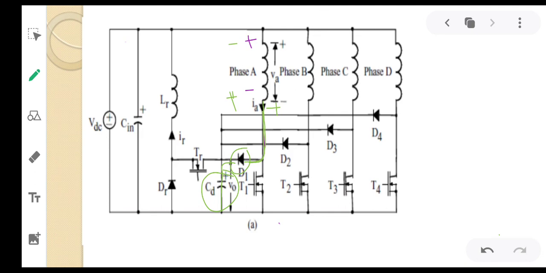So stored energy is now transferred to the dump capacitor CD. So here there will be a voltage developed, that is V0, right? Now this voltage can be again recovered by means of a chopper circuit.